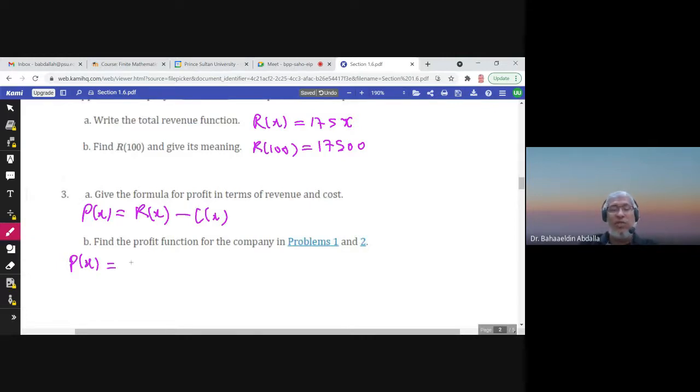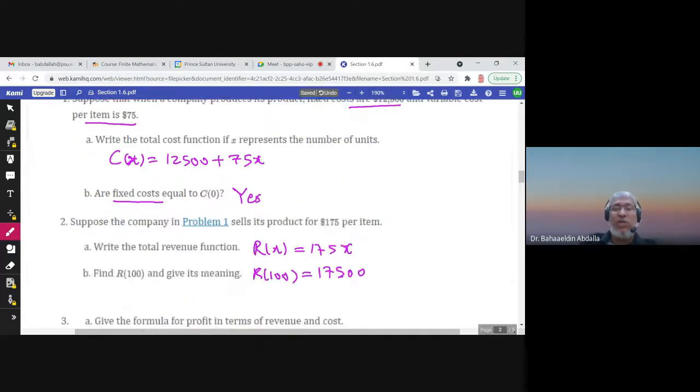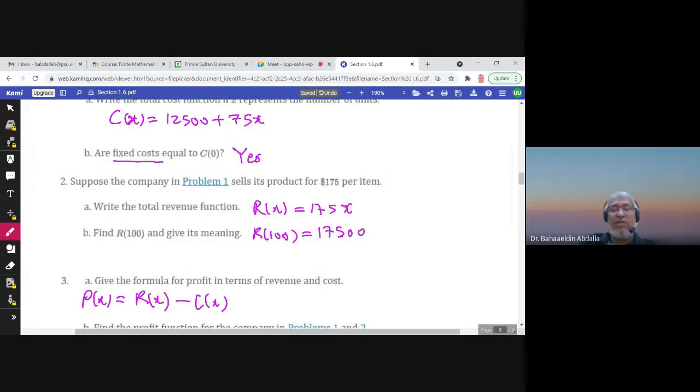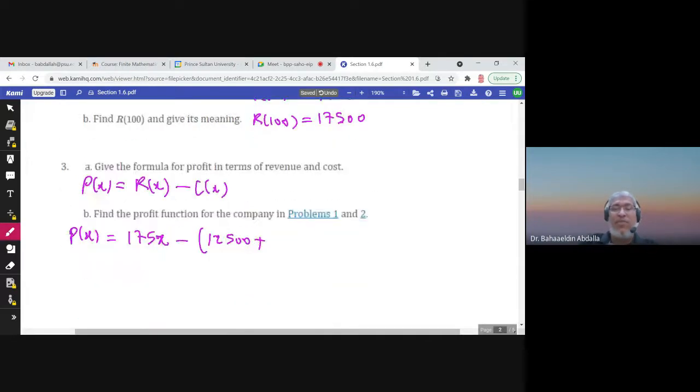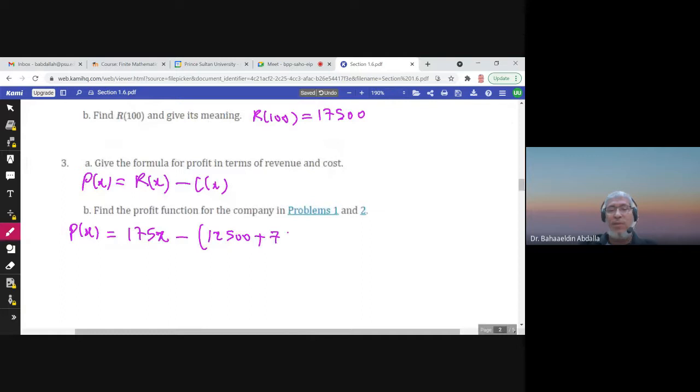The revenue is 175x minus the cost function, which is 12,500 plus 75x. So it would be 175 minus 75, so that's 100x minus 12,500.